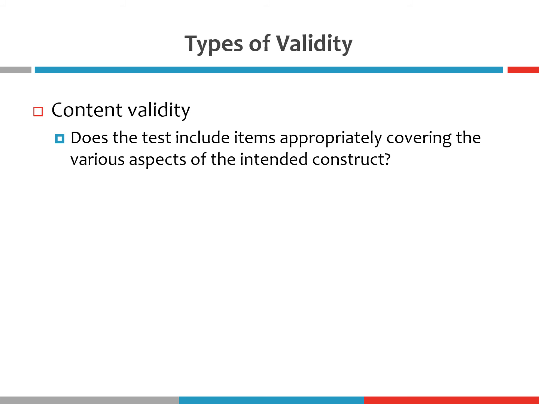So another type of validity that you can look at is content validity, which essentially assesses whether items on your test or your measurement instrument are appropriately covering all of the various aspects of the intended construct. Let me show you an example.